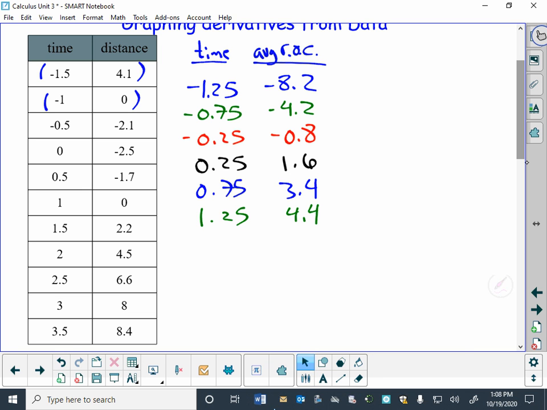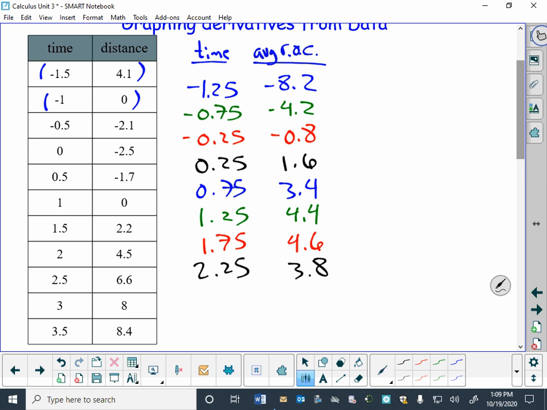Shifting to the red, that gives us a 1.75. It's halfway between those. 4.5 minus 2.2 is 2.3, divided by a half is 4.6, and this would now be a 2.25, and 6.6 minus 4.5 is like 1.9, so divided by half would give us a 3.8, and a 2.75.